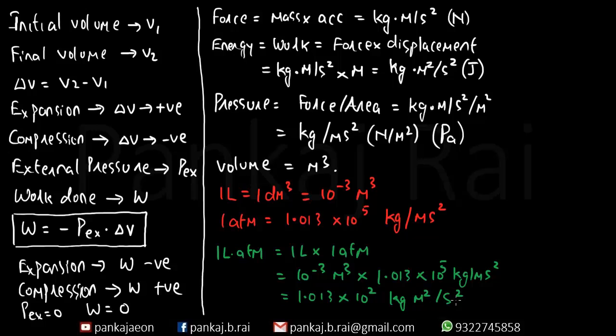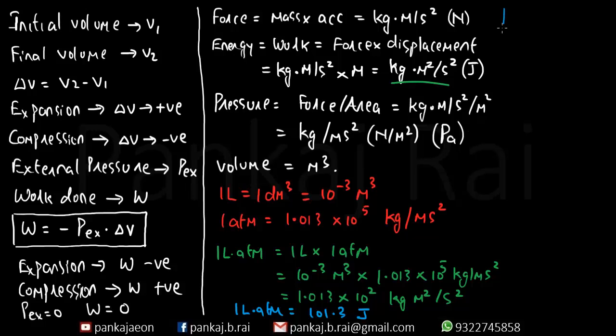But what is kg meter square per second square? It is energy or the work done. So actually this is the unit of work done as well. So 1 liter atmosphere is equal to 101.3 kg meter square per second square. I can also say that it is joule. So that is the conversion from liter atmosphere to joule.